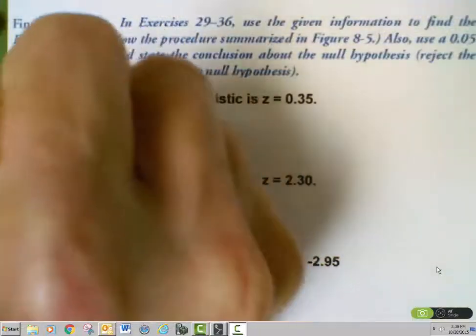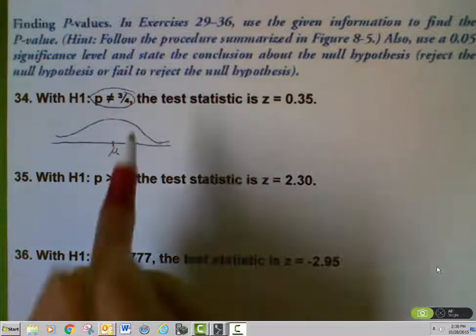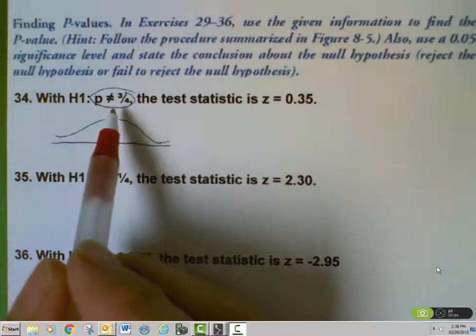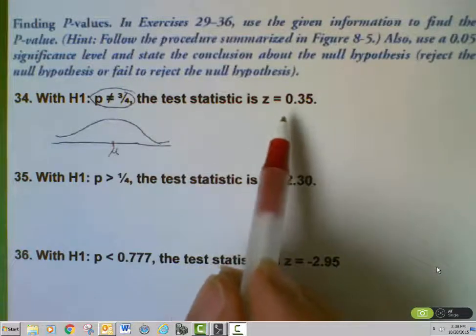Now, the fact that the alternate hypothesis has not equals in it means this is what kind of test, a left tail, right tail, or two-tail test? When you have not equals in the alternate hypothesis, that tells you you're conducting a two-tail test, and the z-score is 0.35.